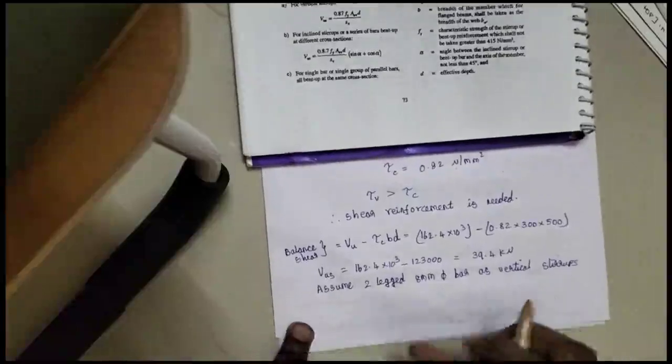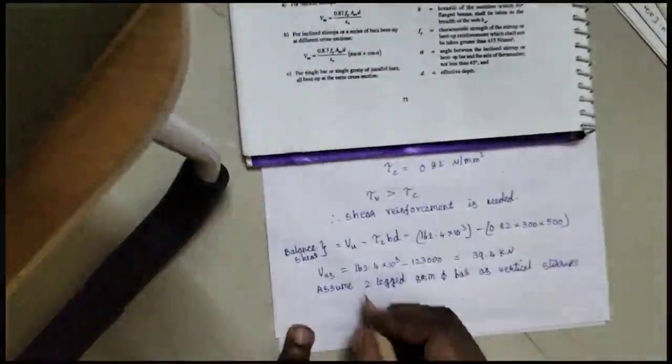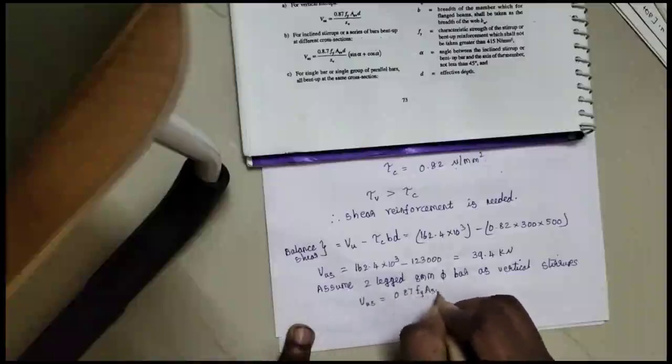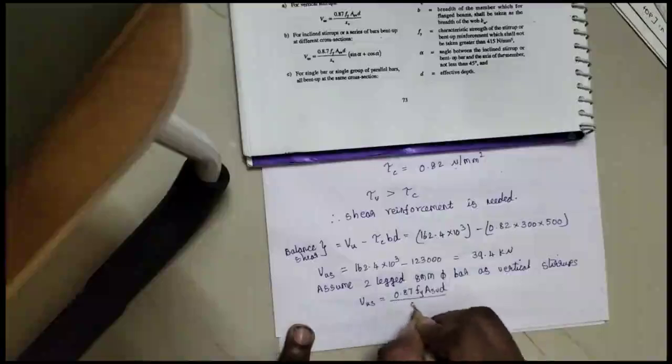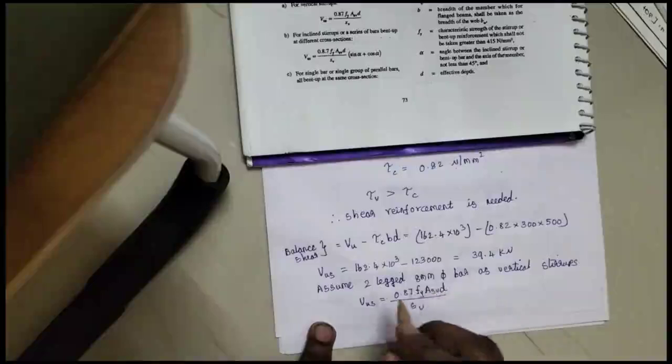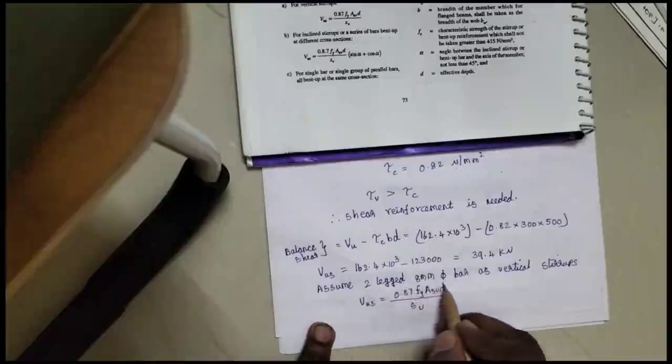Here if you see this formula, we have Vus equal to 0.87 fy Asv d divided by Sv. This Sv is the only thing which we are going to calculate. Here Asv is nothing but the area of shear reinforcement. We have assumed that we are going to provide two-legged 8 mm dia bar as vertical stirrups.